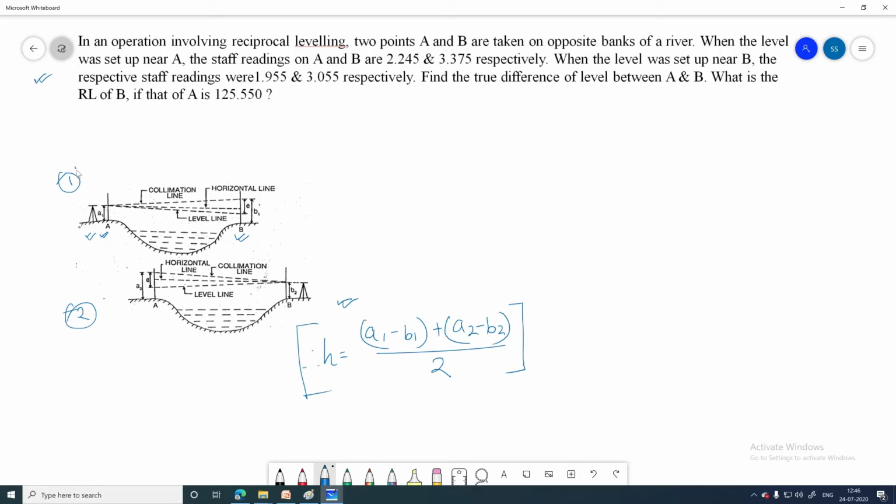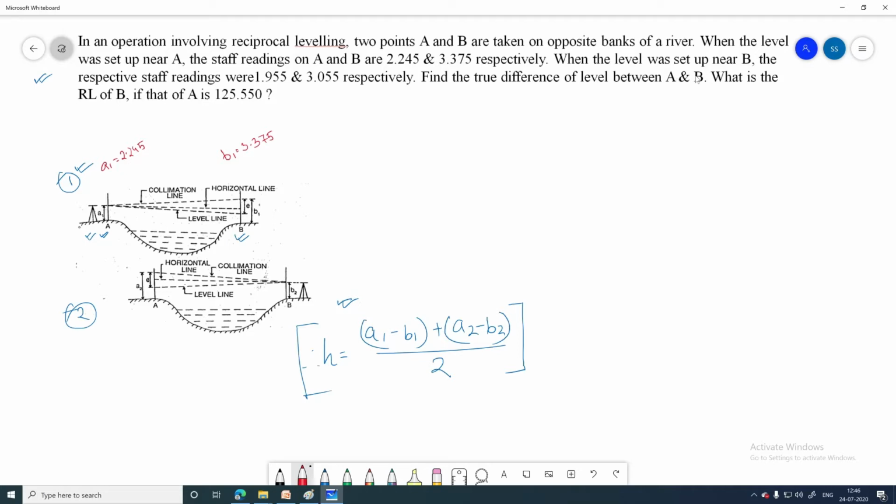So in this particular setting, the value of A1 is 2.245 and the value of B1 is 3.375.